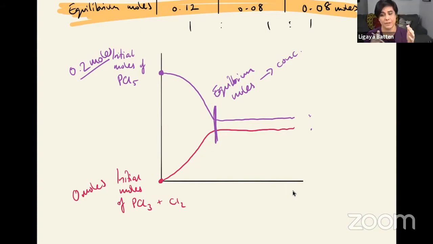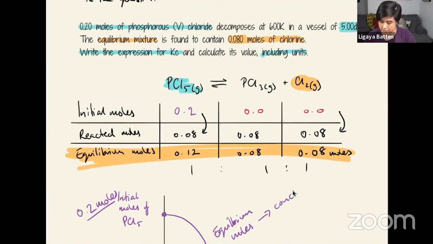But then as the reaction takes place, the PCl5 concentration goes down because it's obviously being turned into the products, and the product concentrations will go up as they're being produced until it reaches a point where both of the reactions are happening at the same rate, and we have a constant, unchanging concentration remaining of both. So you're going to have certain concentrations at the beginning, and then a different concentration at equilibrium once equilibrium is established. And that's important to remember. So let's look at this question as an example.